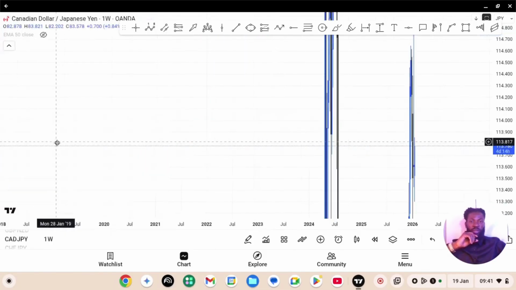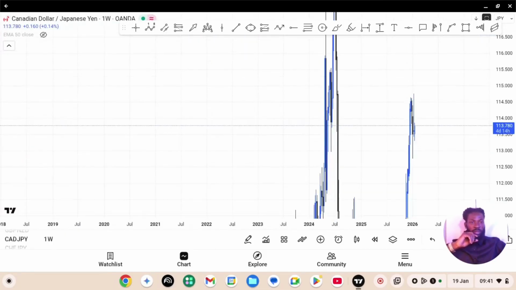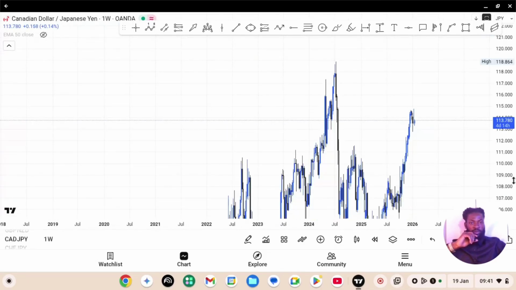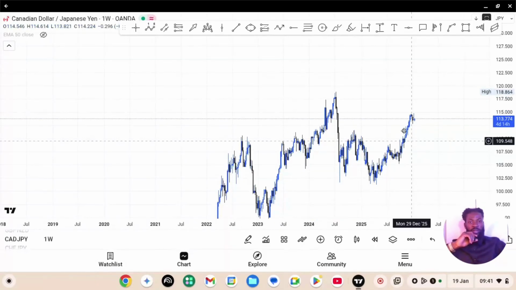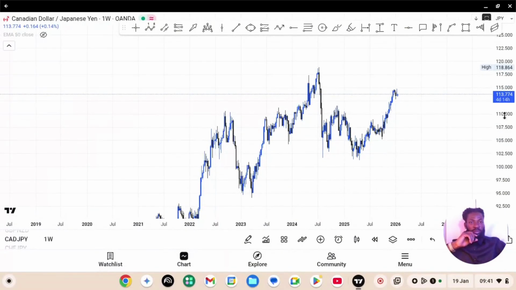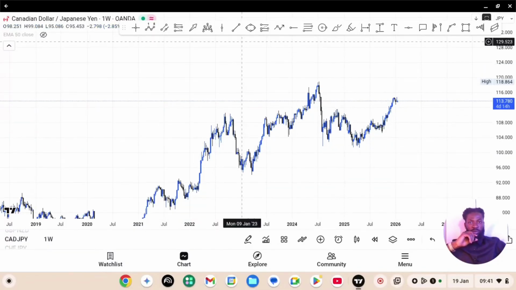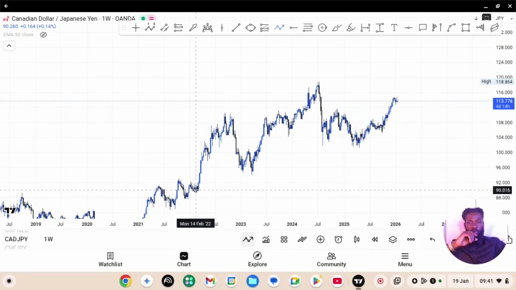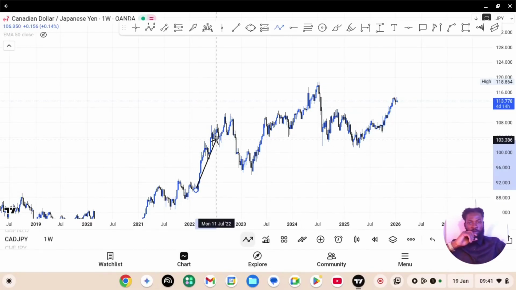From the weekly, see what the market is doing. Look at what the market is doing. Firstly, follow the structure.